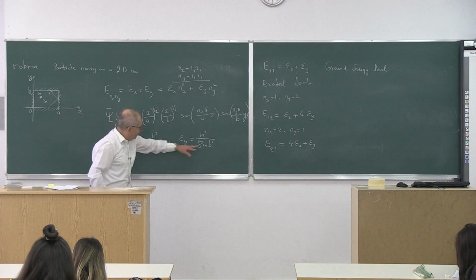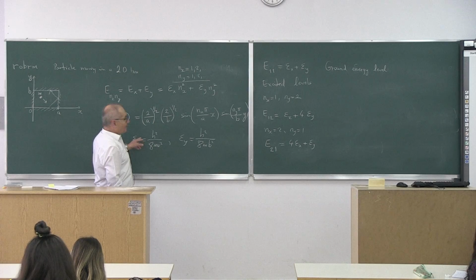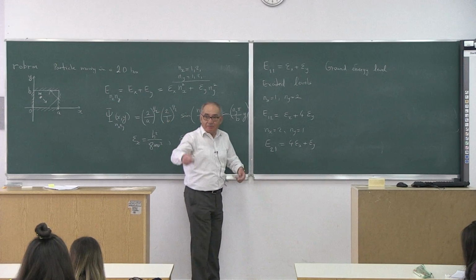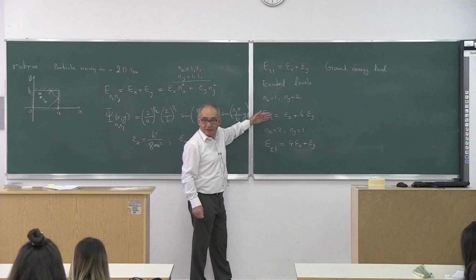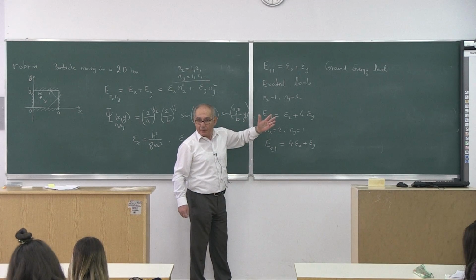If A is different from B, could this number be the same as that number? No way. Therefore, if A is different from B, this number cannot be same as that number. They are different values. Okay?